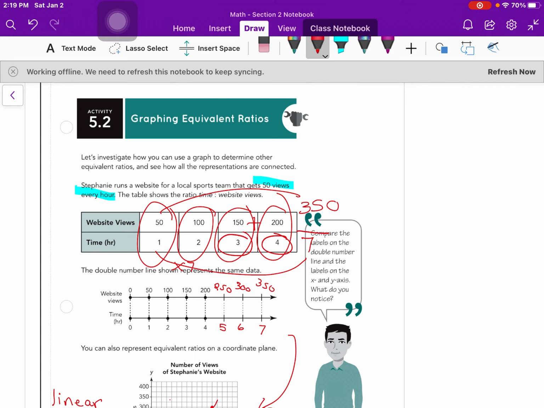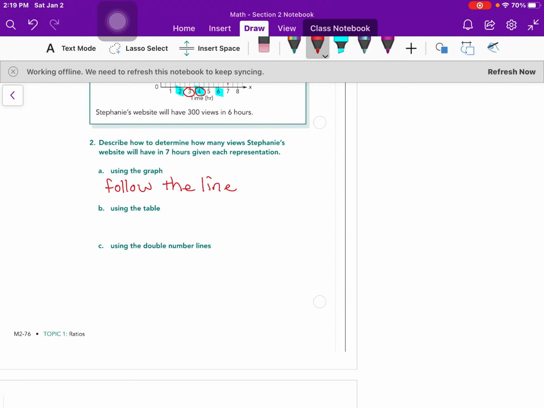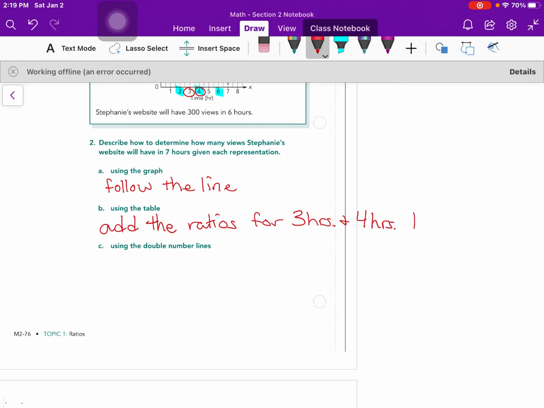So then we know that 50 times 7 will be 350. All right, so we can use the graph or use the table. Using the table, we can add the ratios for 3 hours and 4 hours to get 7 hours.